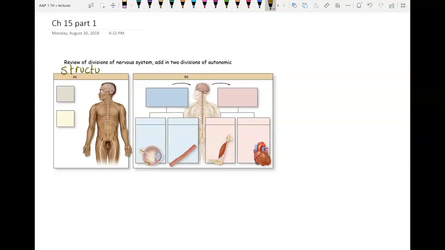For structure, we have the CNS and the PNS, central nervous system and peripheral nervous system. CNS is your brain and spine.